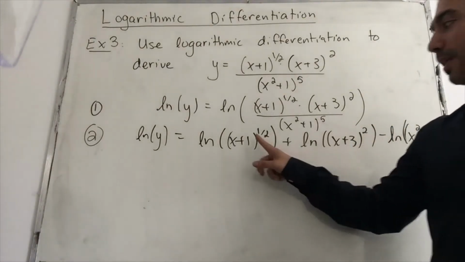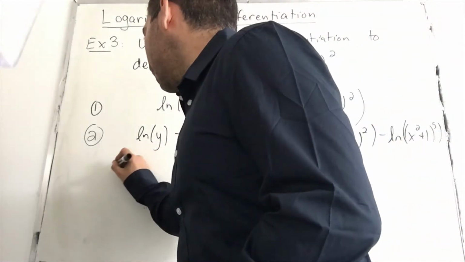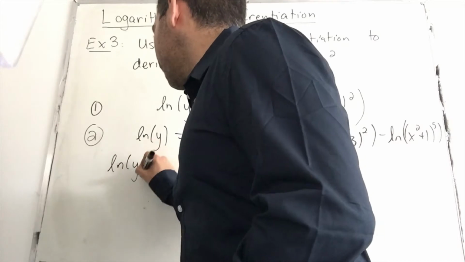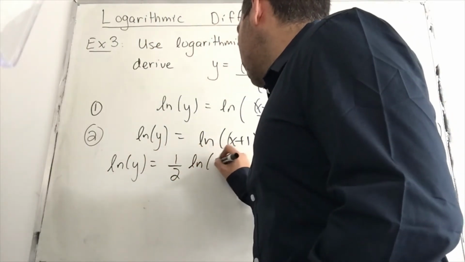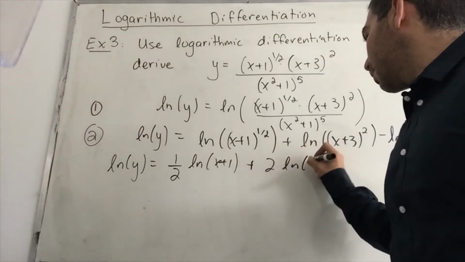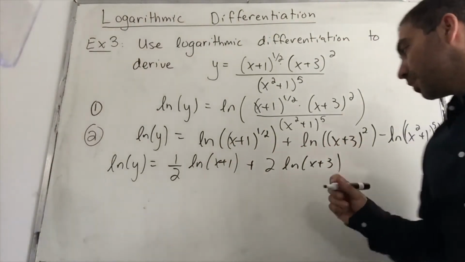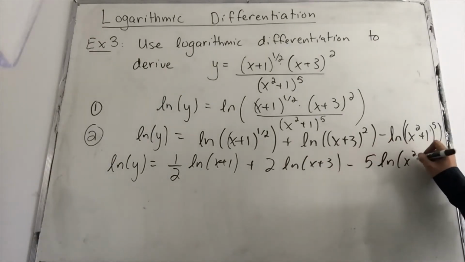We have to take everything that's in the exponent and drop it. So ln of y equals 1/2 ln of x plus 1 plus 2 ln of x plus 3 minus 5 ln of x squared plus 1.